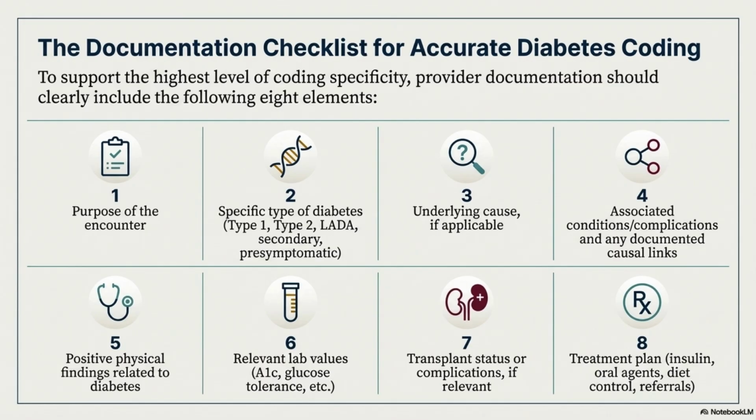After that, identify any complications and make sure the provider clearly links them to diabetes when ICD-10-CM doesn't assume the relationship. And finally, check for treatment details, like long-term insulin or oral hypoglycemics, since these impact Z-code assignment. This quick checklist helps ensure the coded data truly reflects the patient's clinical picture and supports clean, compliant claims.